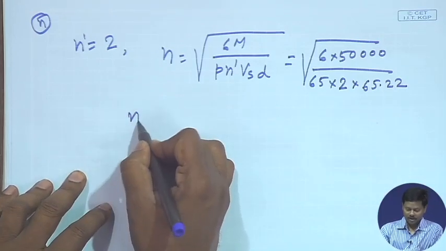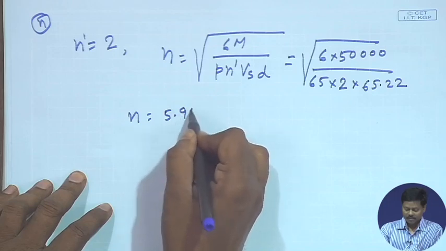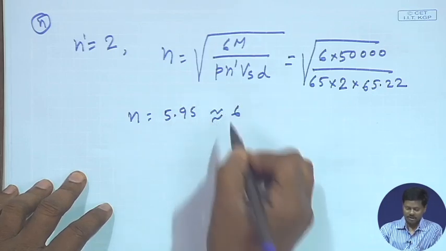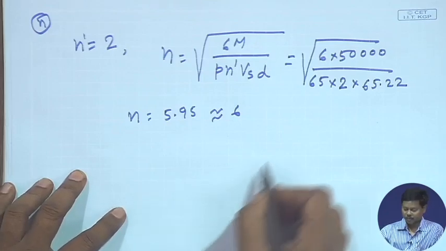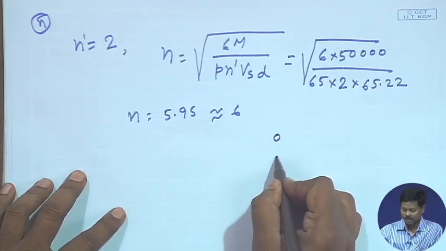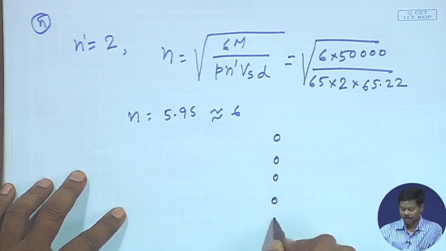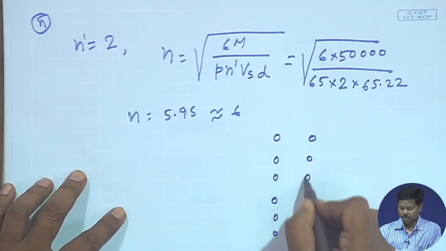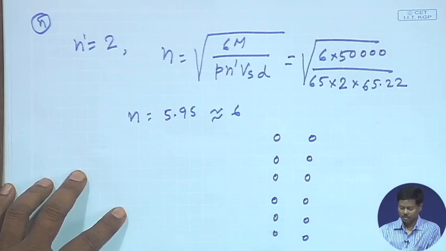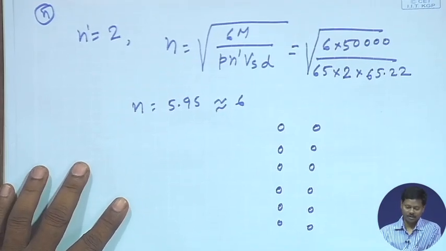So n we can find out as 5.95 or 6. So we can provide 6 bolts in each bolt line, with 2 bolt lines, right.